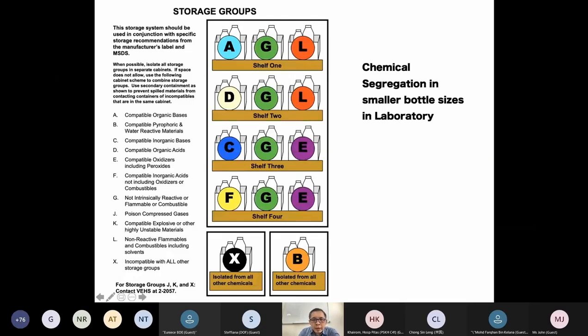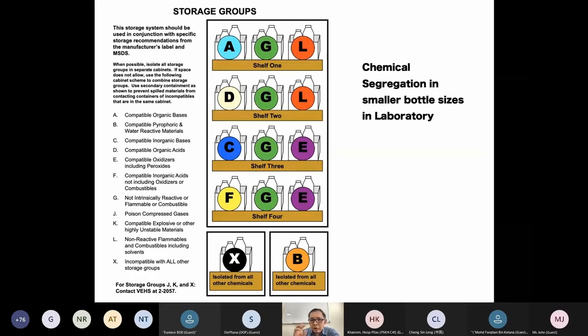So you can see here, and then I want you to look at A, D, C, F. A is basically organic base. D is organic acids. C is inorganic base. F is inorganic acids.